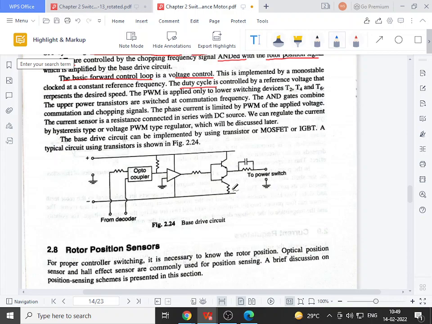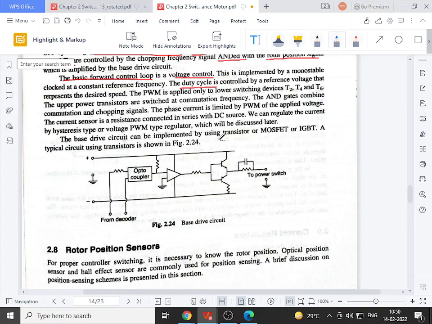Depending upon the type of switching device, there might be certain variations in these base driver circuits. Due to development in power semiconductor and IC technologies, base driver ICs are now directly available. So there is no necessity of implementing this entire circuit in hardware form. One small IC can work as the entire base driver circuit.